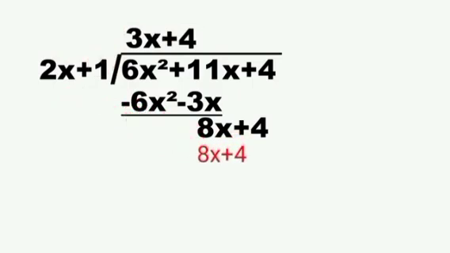This will give you an answer of 8x plus 4. Subtract, change the sign of the subtrahend, then subtract, this is equal to 0. So the answer of dividing 6x squared plus 11x plus 4 by 2x plus 1 is equal to 3x plus 4.